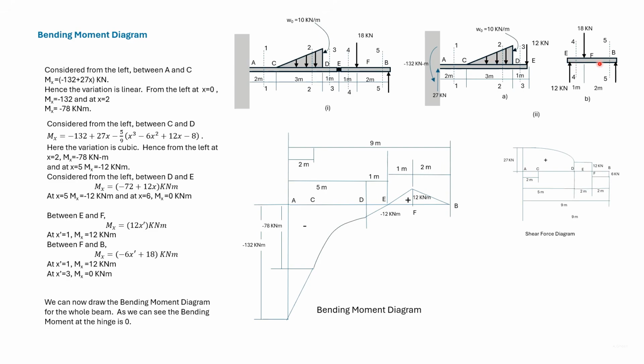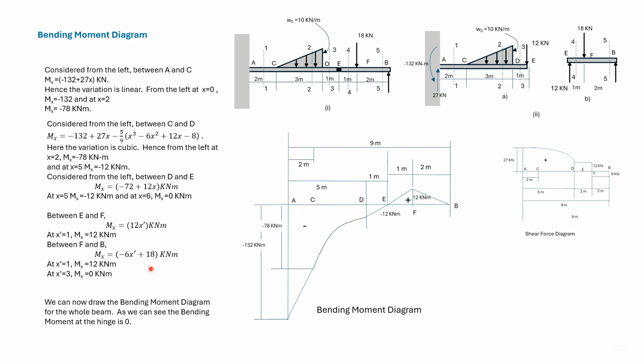Between F and B, the bending moment was given by this expression, where x dash again is the distance from the point E. At x dash is equal to 1, from this expression we get the moment as 12. At x dash is equal to 3, we get the moment as 0.